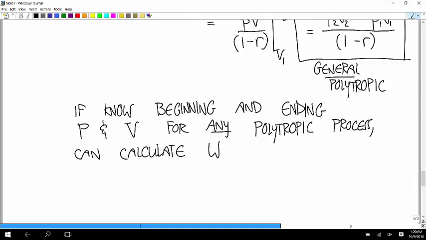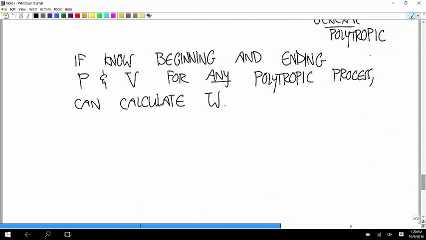You can calculate W. Okay, so that's a helpful thing. That's not true of a gas in general. If, besides being a polytropic process, you can assume that you're dealing with an ideal gas, then you can calculate the work with even less information coming in. That sort of makes sense because an ideal gas gives you relationships between variables at each individual state.